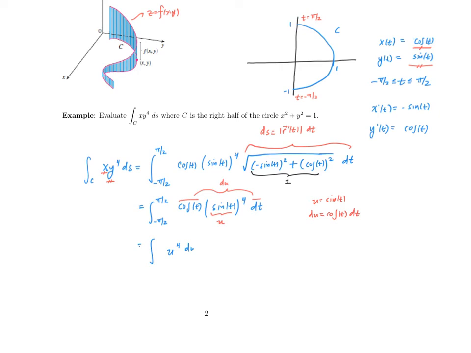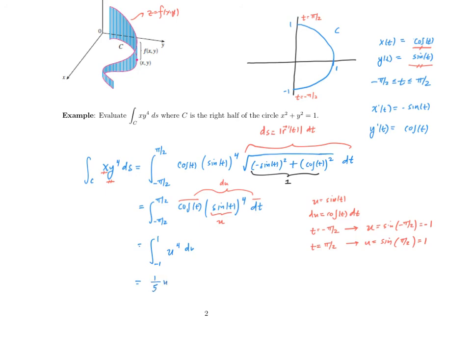In terms of limits of integration, our lower limit, t equals minus pi over 2, becomes our lower limit, sine of minus pi over 2, which is minus 1. Our previous upper limit of pi over 2 becomes sine of pi over 2, which is positive 1.